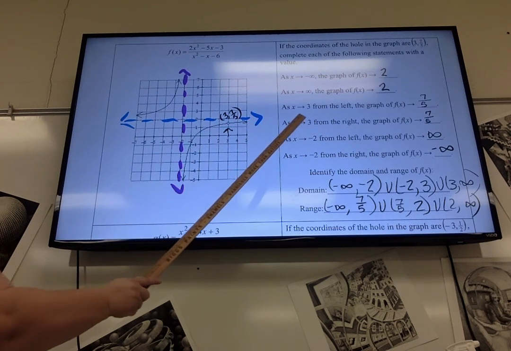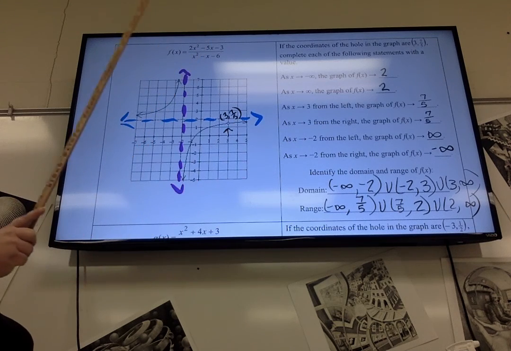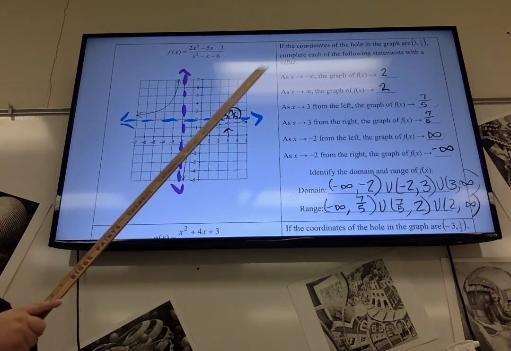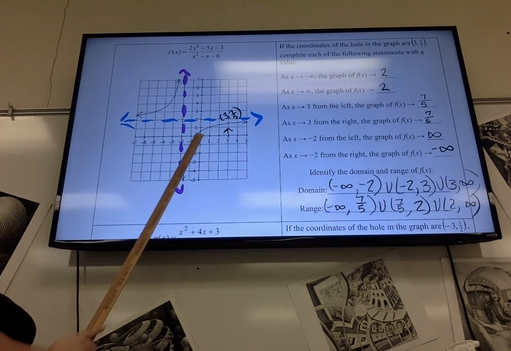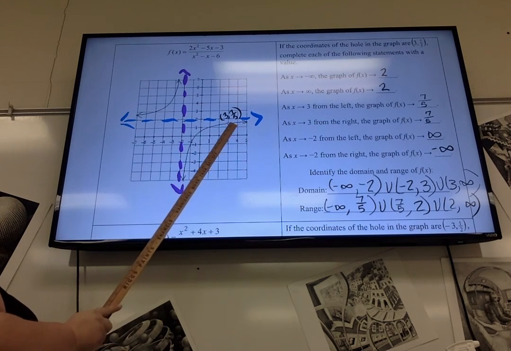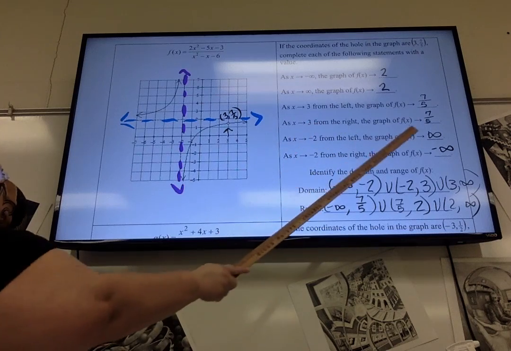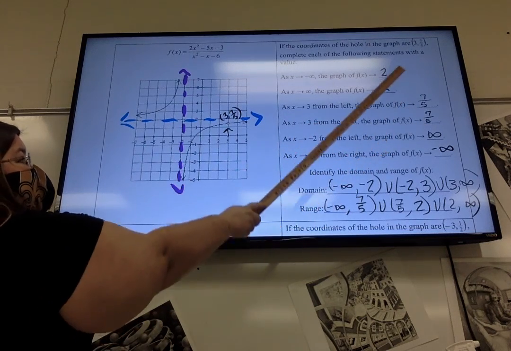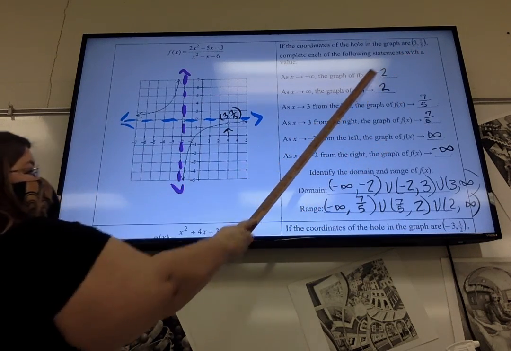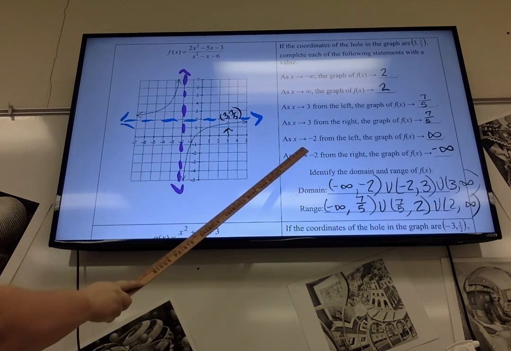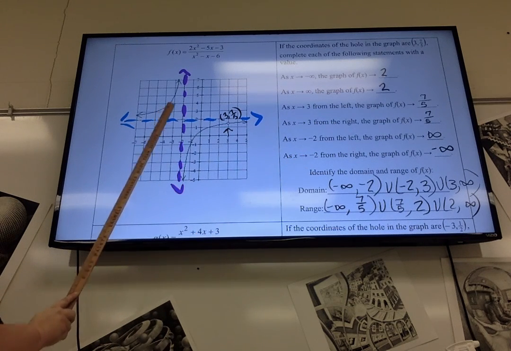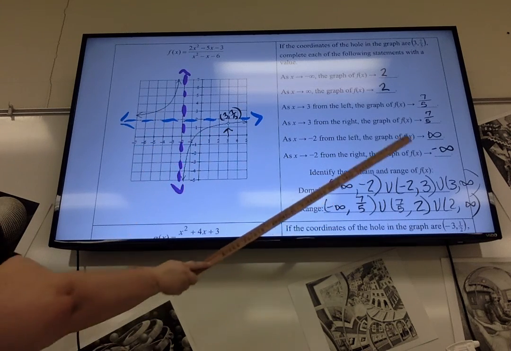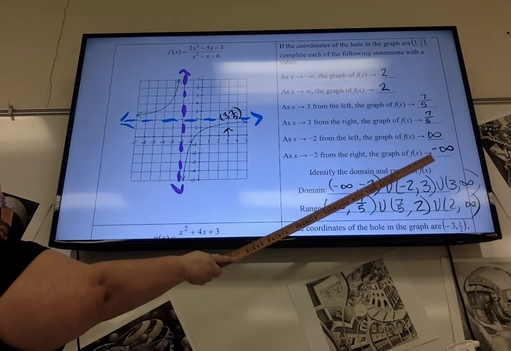Okay. Then you've got the hole in the graph, the point discontinuity. And as I approach it from the left and the right, I'm approaching this 7 over 5, which they gave us. Vertical asymptotes: as I approach from the left and the right, it's either going to be positive or negative infinity.